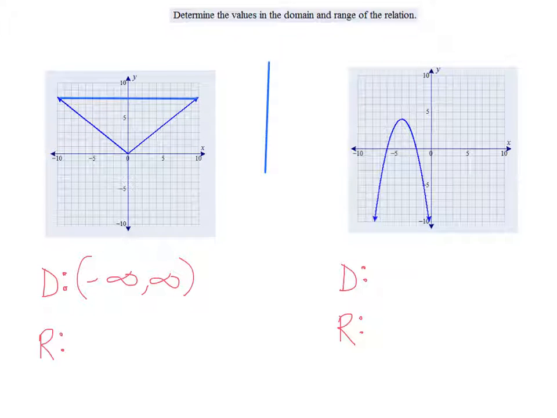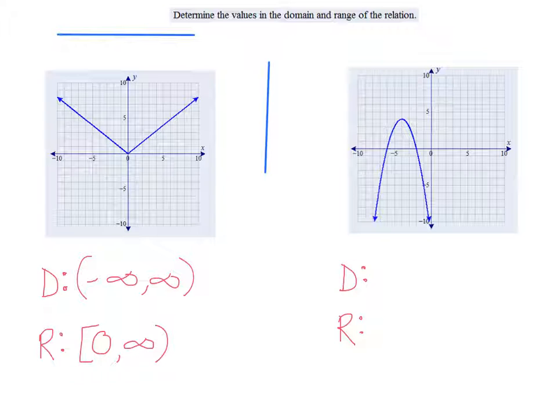Well, those arrows say it keeps on going upward, so I don't think I'm going to have a boundary on the upper end. The lowest it gets is 0, and it does touch at 0, and the highest it gets is towards infinity. So the lowest y value is 0, and it goes up towards infinity. Infinity is a parenthesis, but since it touched at 0, that will have a bracket.